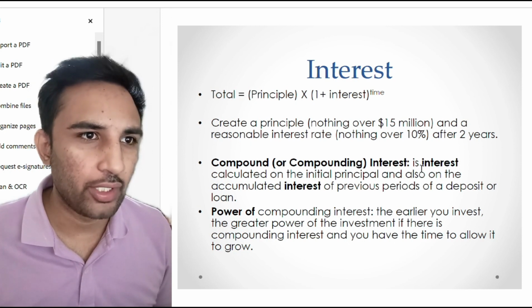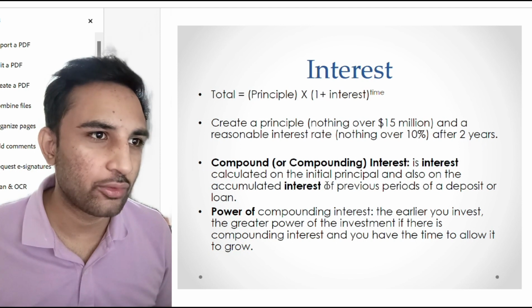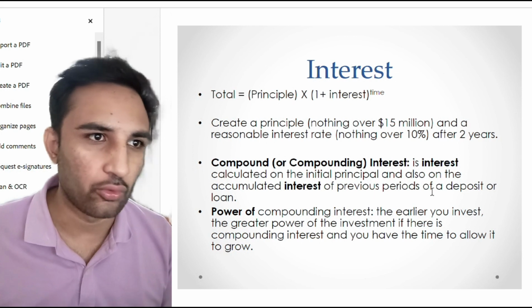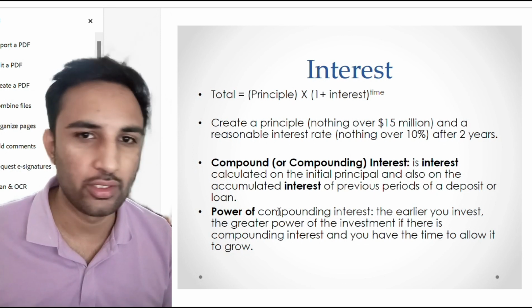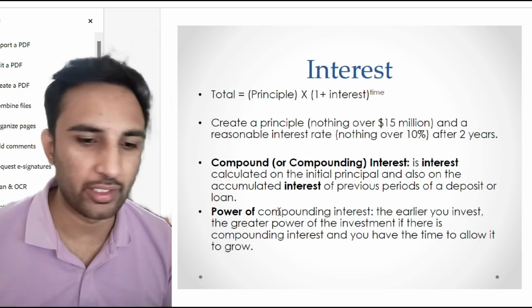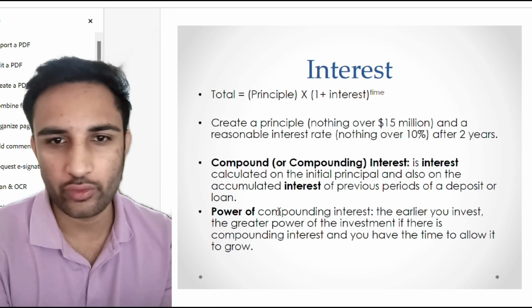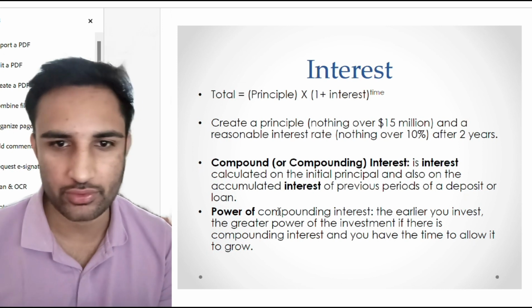Compound interest is calculated on the initial principal and also on the accumulated interest of previous periods of a deposit or loan. So let's say you are earning 4% interest on $1,000, right? You will earn $40 in the first year.